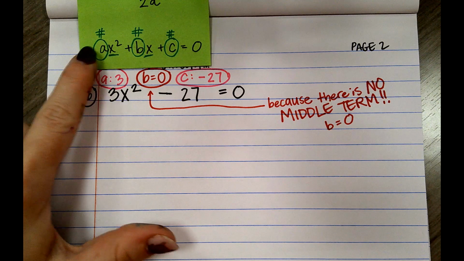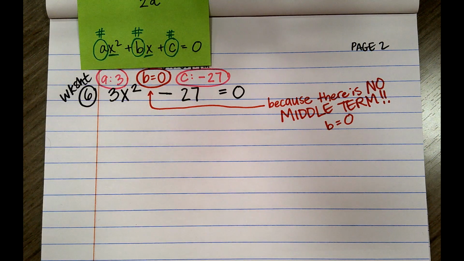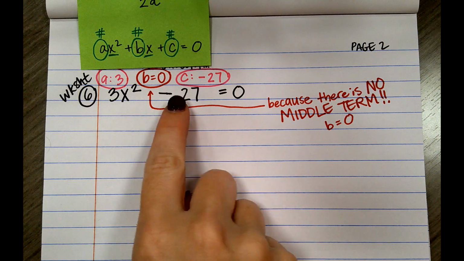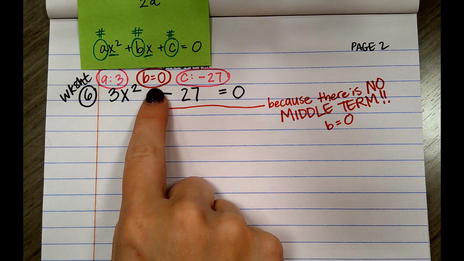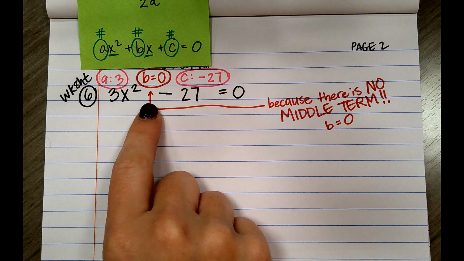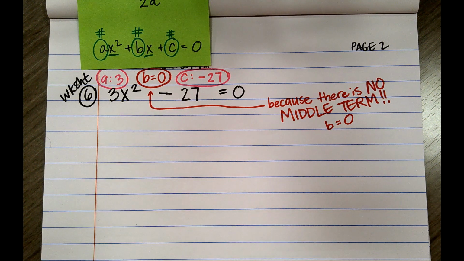And that's why I like to point out the standard form, the ax squared, bx, and c, because I think that helps us to realize that it really is b that's 0 and not c. Okay, so anything before the equal sign is still going to be C, right?